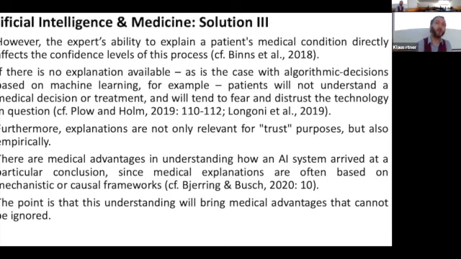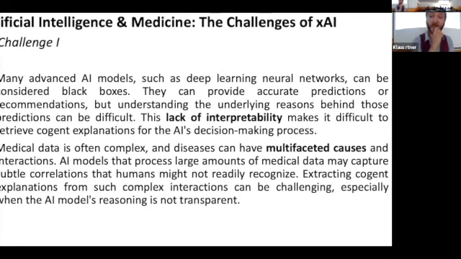You can think about rare diseases, for example, that we don't have a lot of knowledge about right now. These AI models can provide a tool to understand their nature. But to achieve that, we need to understand what kind of explanations the model is trying to create. But of course, there are many challenges.